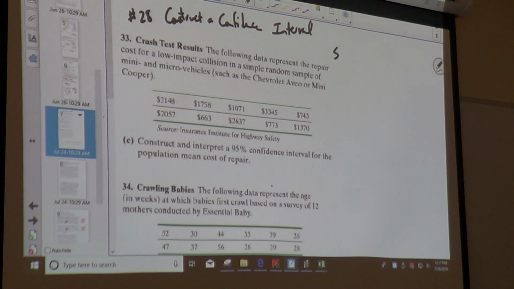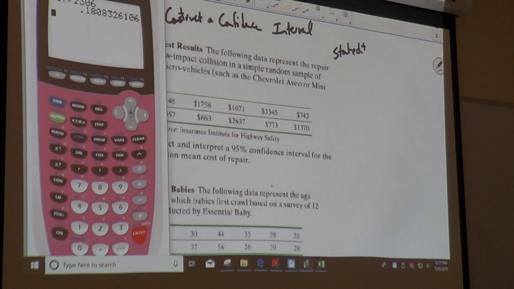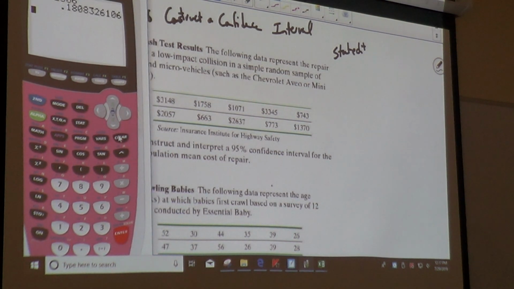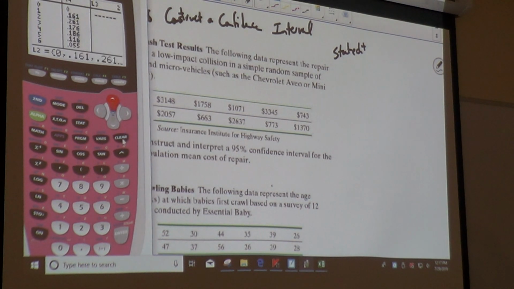All right, we're going to stat edit and type in our data. Go ahead and do that. Doesn't matter how we type it in, as long as it's all there.